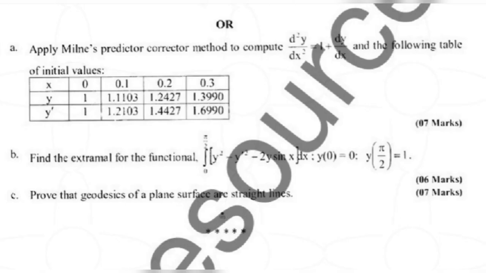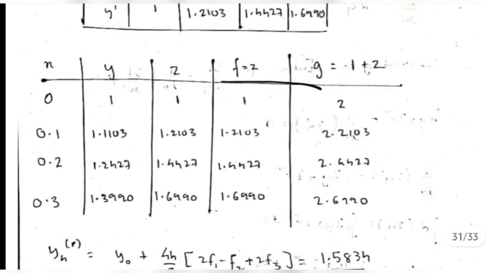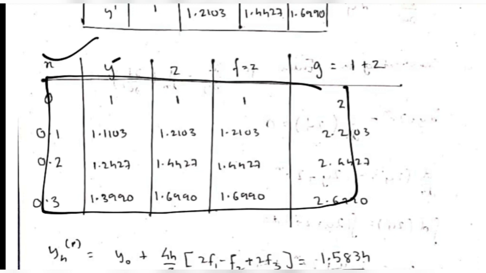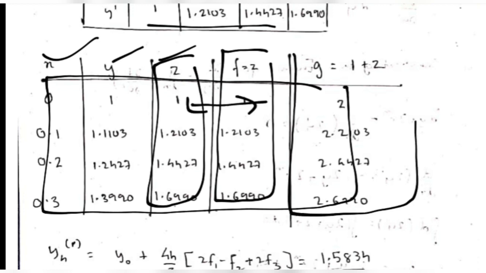Coming to the next question, we have to find the value of y of 0.4 by using these given values. First we note down what is given, and using these values we fill this table. This is our x, y, z values which are given here, and f is the same as z. These two terms are always the same, and the final one is g.